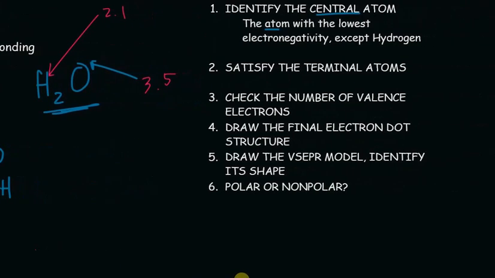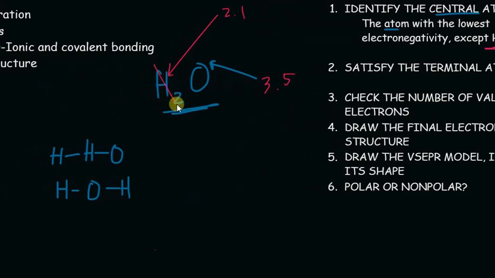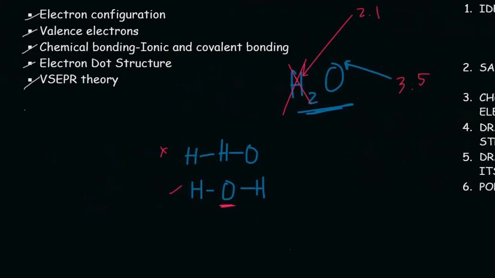In this case, that's hydrogen. But we have a rule here, except hydrogen. Hydrogen will never be the central atom. We only have two types of atoms here, and hydrogen cannot be the central atom. In this case, the oxygen must be the central atom. So this one is not the model, but this one. So we'll take this one for now, this H2O.